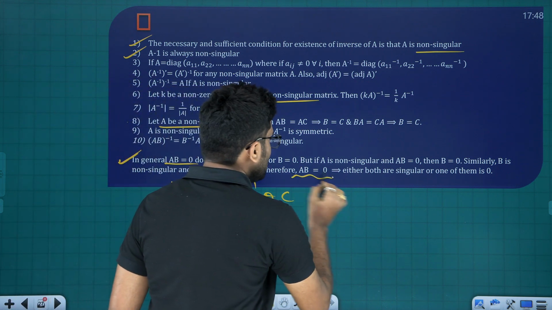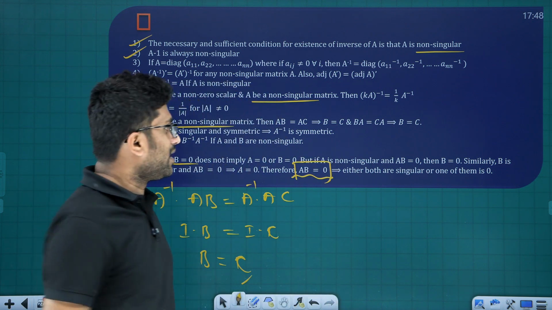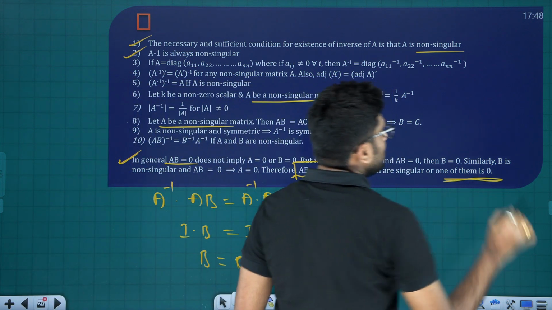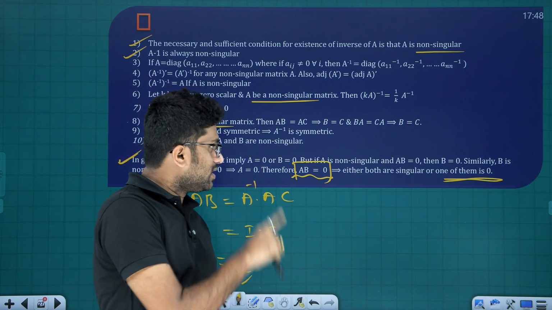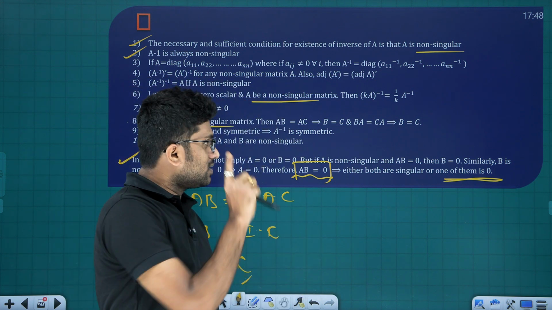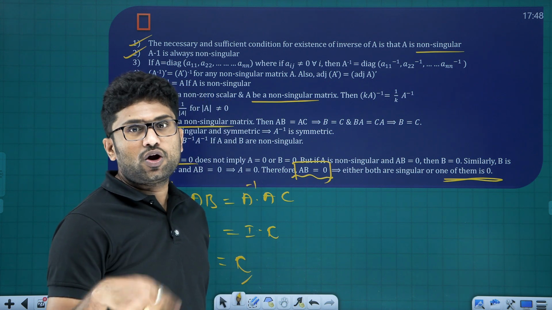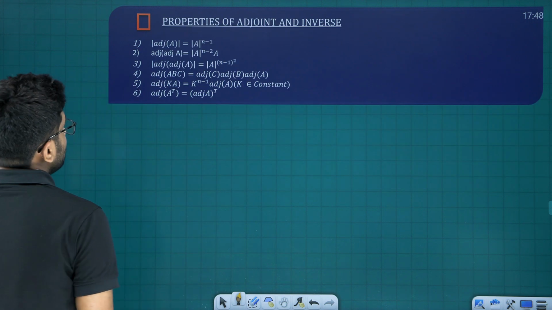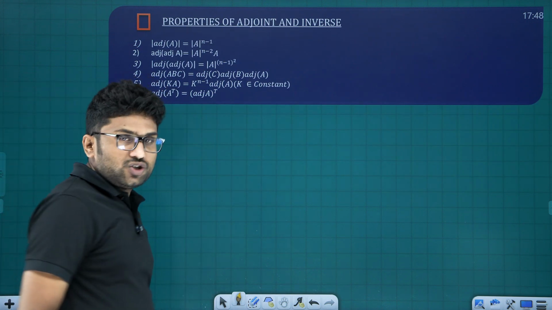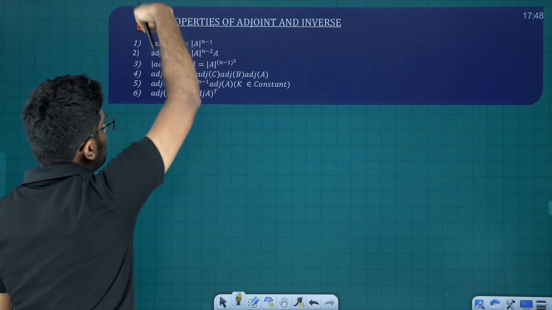Therefore, if AB is 0, either both are singular matrices, or one of them is a zero matrix. It need not be that both A and B are 0.